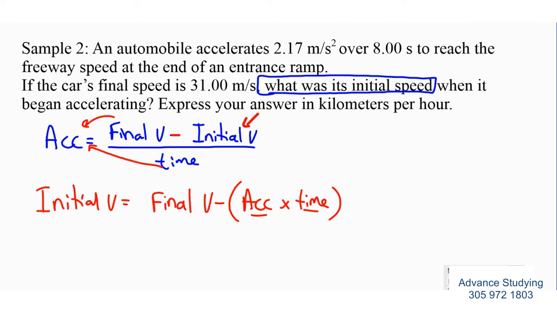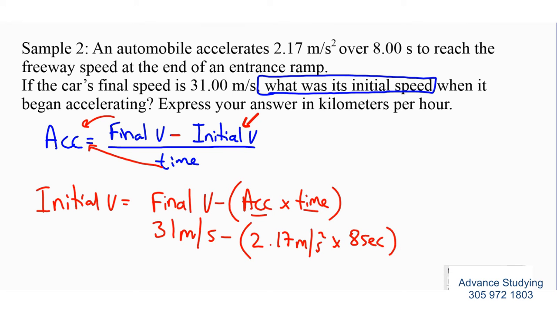Now it's time to plug in the values. Final velocity is 31 meters per second minus the product of acceleration 2.17 meters per second squared times my time, which was 8 seconds.